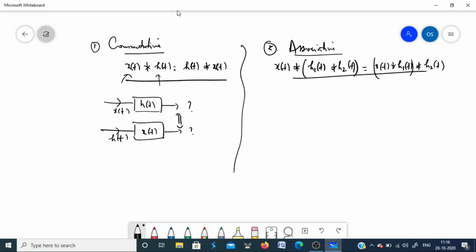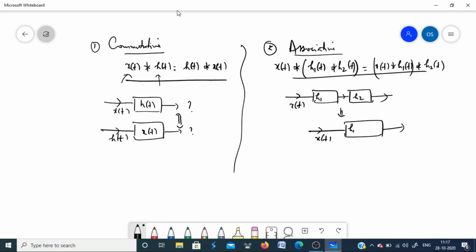From this property we have concluded that when two systems are connected in cascade, their overall impulse response is the convolution of the two impulse responses. So this is h1, this is h2. This can be replaced with a single system whose impulse response is the convolution of h1 and h2 of t. This is the associative property.